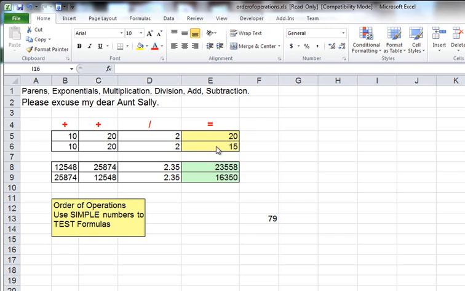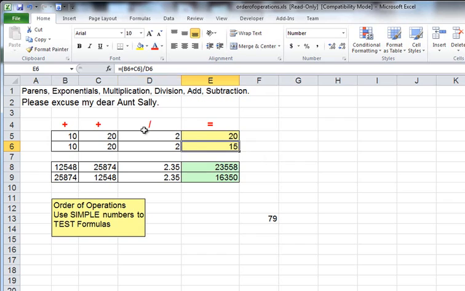Now in this cell, why is the answer 15? Well, in order to see what was changed, you have to click on that cell and study the formula. Notice in this formula, no parens, no multiplication. But in this formula, you've forced it to do something out of order by putting parens.